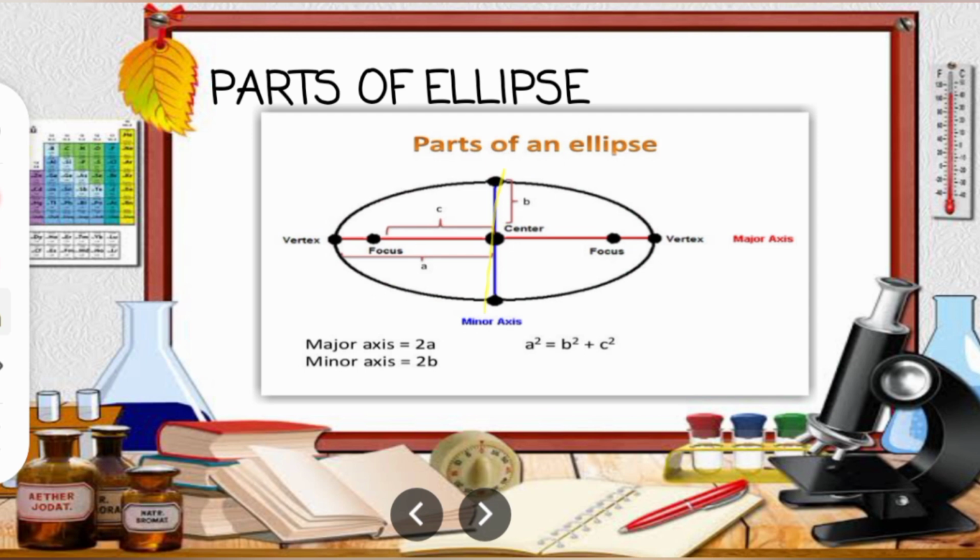Our minor axis is equal to 2b, and this is our minor axis. Our vertices are here and also here, and we have our center here, and our foci are inside of our vertices. So that is the parts of our ellipse.